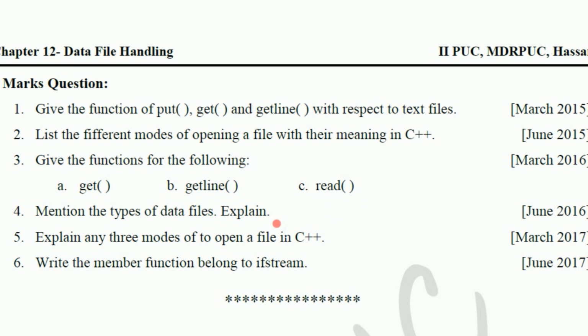Mention the types of data files. So there will be binary and text files. Explain any three modes of opening a file in C++. So that is ios::beg, ios::end, and ios::app.